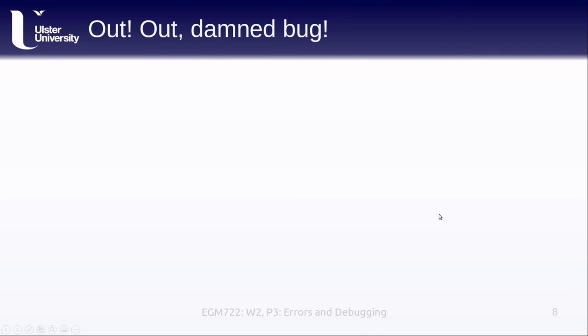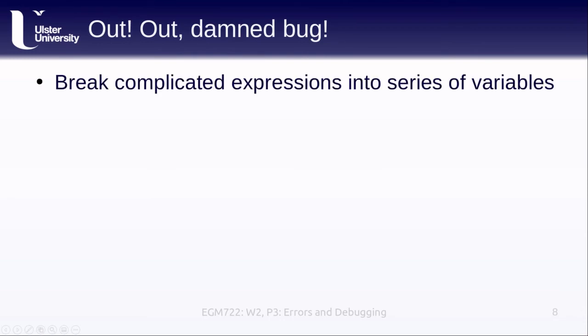So there are a number of different strategies that we can use to try to debug these kinds of things. The first is to try to make our code a bit more readable. We can try to break complicated expressions into a series of variables that we can follow a little bit easier than trying to write out big, long, complicated equations.